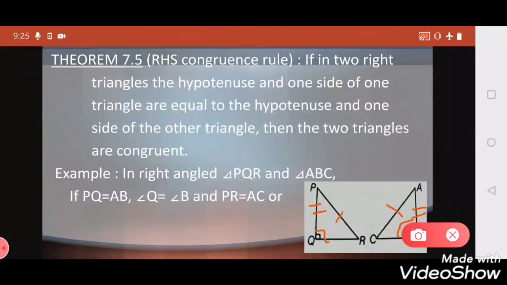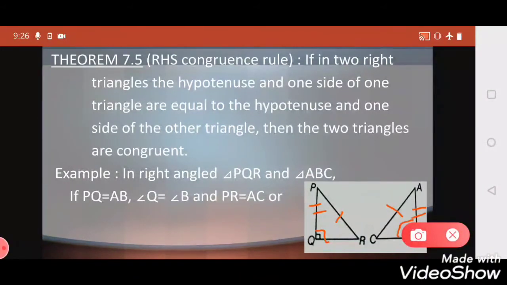These are the three conditions, and that's why the full form of RHS is right angle hypotenuse side. The right angles will be equal, the hypotenuse should be equal, and any one side must be equal.